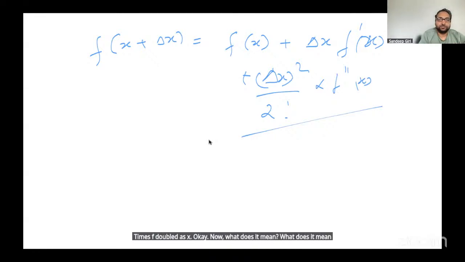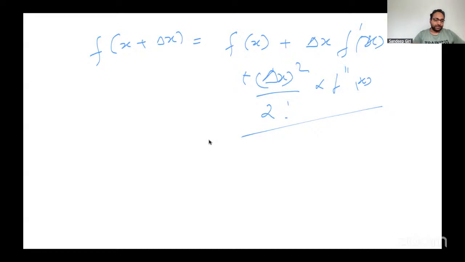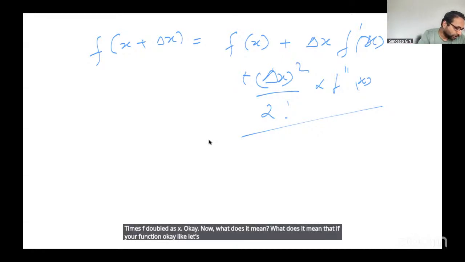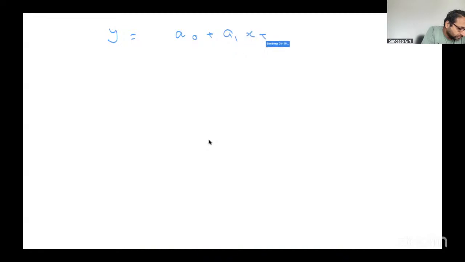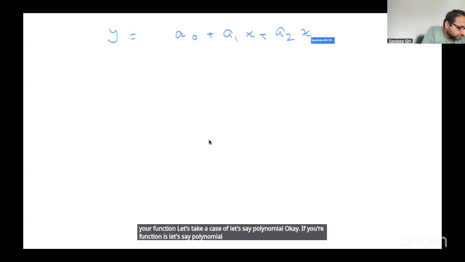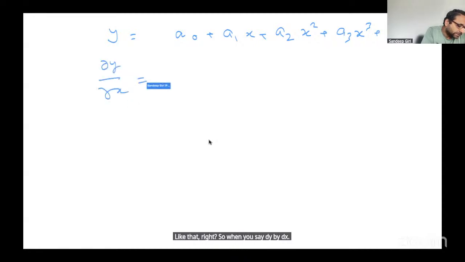That if your function, let's take a case of, let's say, a polynomial like that, right? So when you say dy by dx, what will it become?